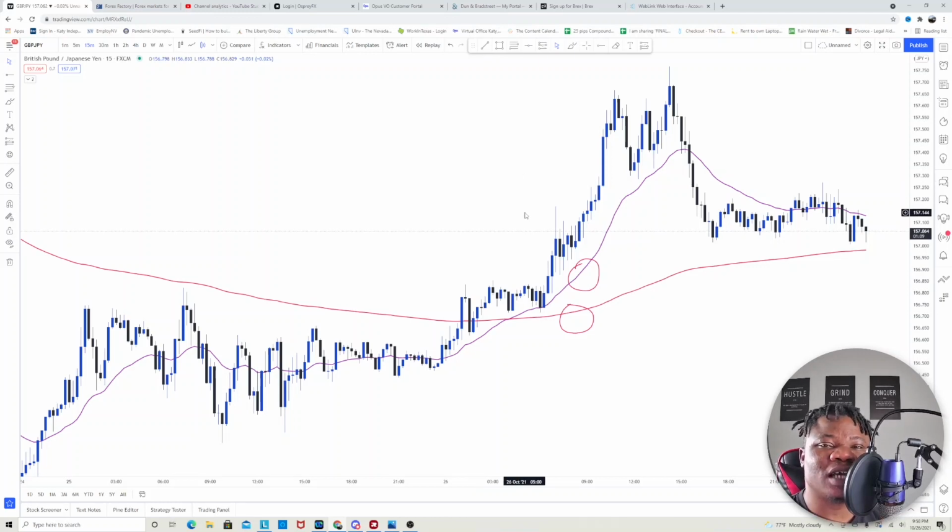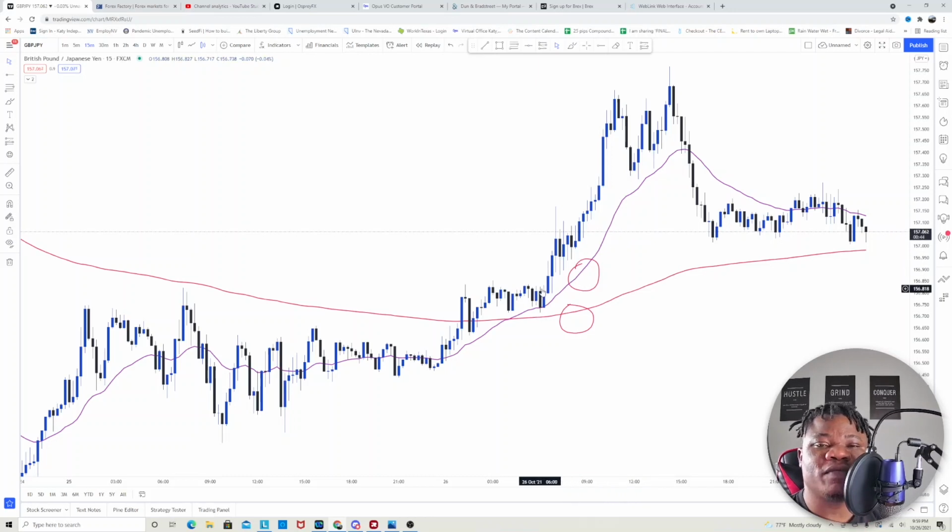So we need price to be above the 25 EMA and also the 200 EMA, and we need the indicators to be going upwards. We need the direction of the moving averages to be going upwards, especially the 25 moving average exponential.